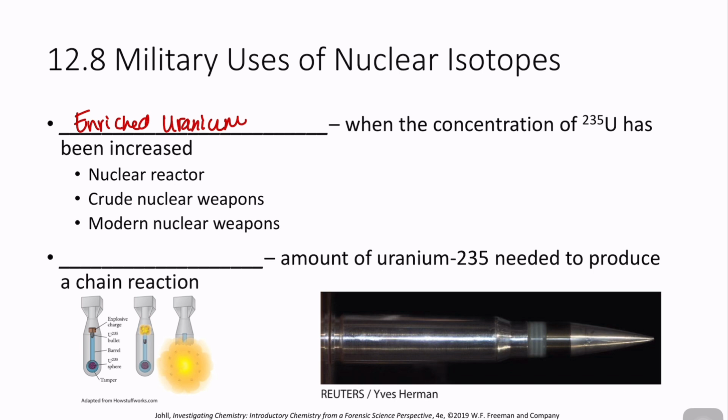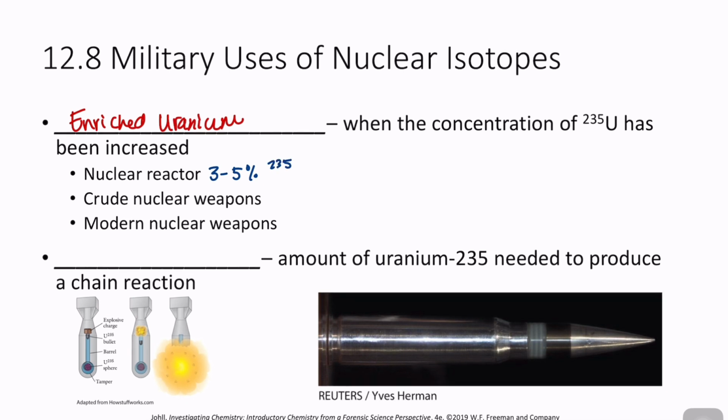In a nuclear reactor, there is approximately 3 to 5% of uranium 235. With crude nuclear weapons, that increases to about 20%. And with modern nuclear weapons, that increases all the way up to 85%.